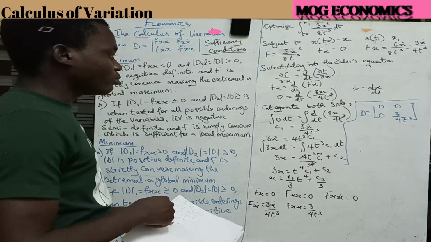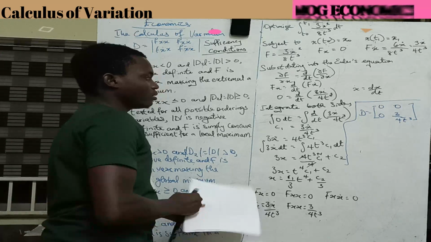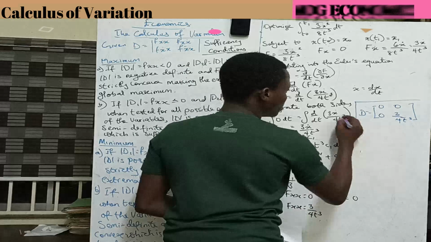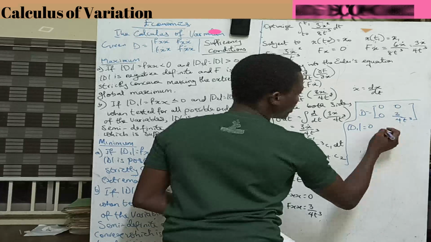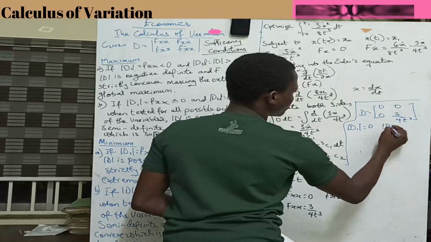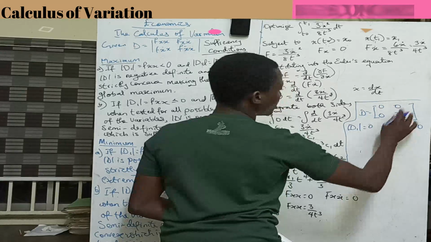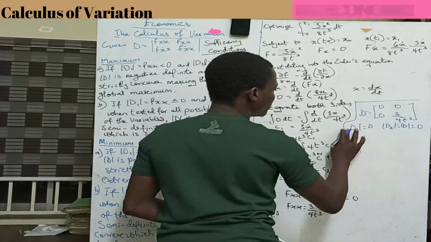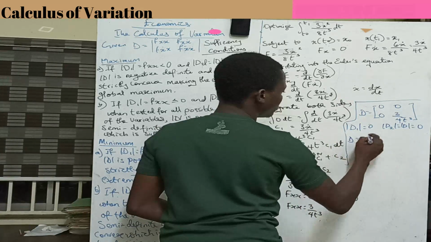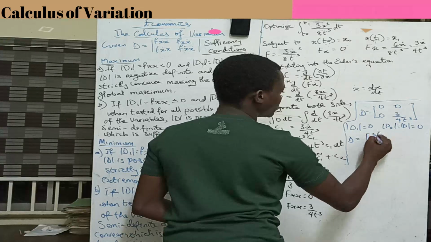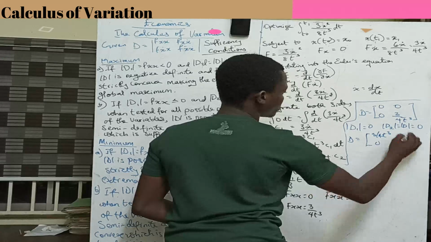All right, so in this particular case, we can say that for the sufficiency condition, D1 equals 0, then our D2 equals D is also equal to 0. This times this minus this times this, everything is 0. So in this case, what we do is rearrange. So when we rearrange, the second D was going to be starting with 3 over 4 c cube, 0, 0, 0.